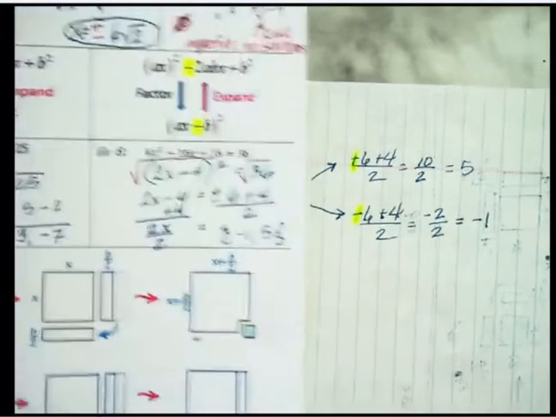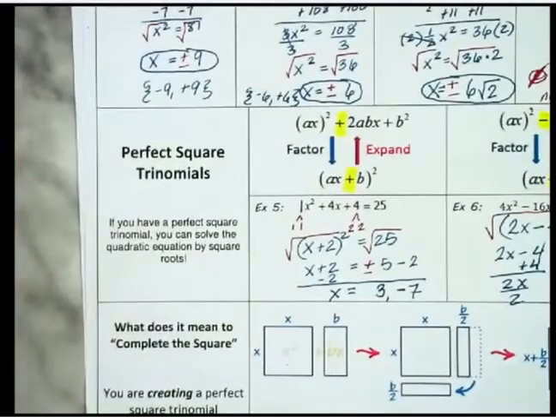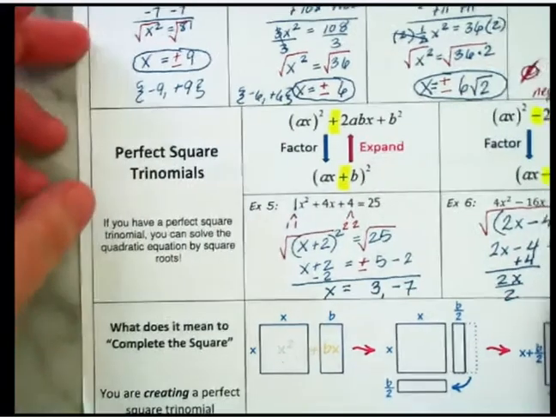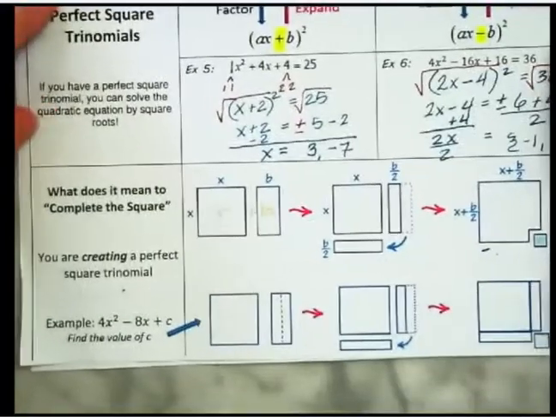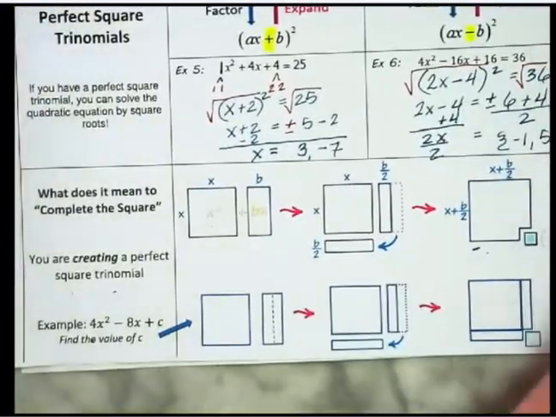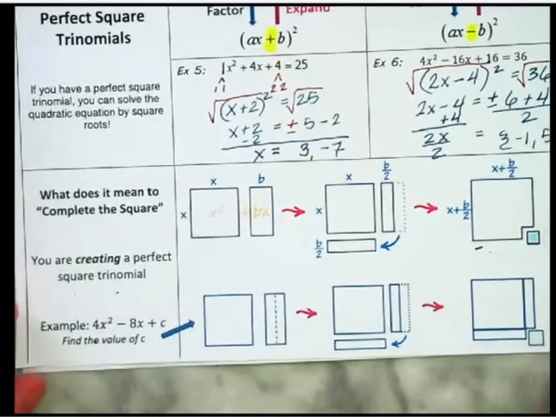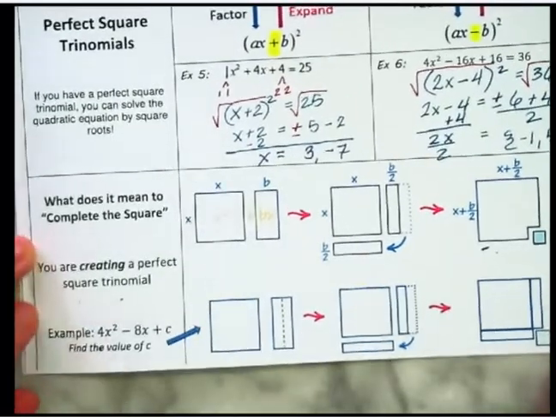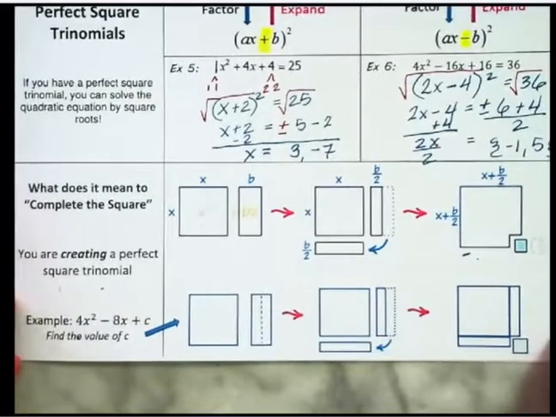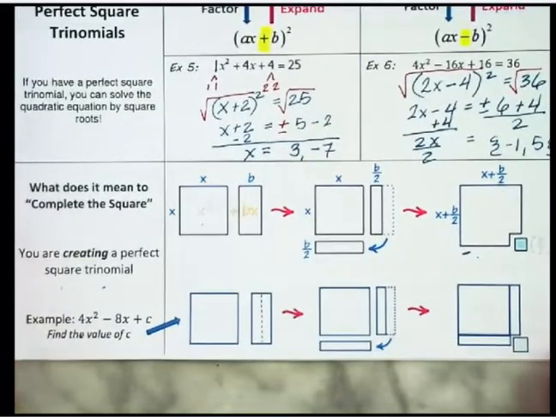Okay, now our next method is going to be by completing the square, but I don't want to jump into examples until you know what it actually means to complete the square. So if I had algebra tiles with you in the classroom, I would demonstrate this for you with some algebra tiles, but I don't. So I did my best to create these images for you.